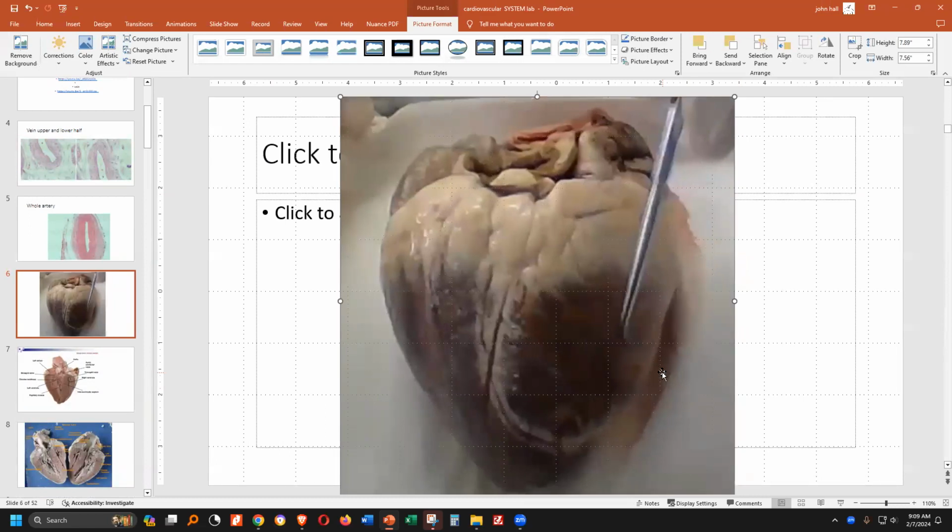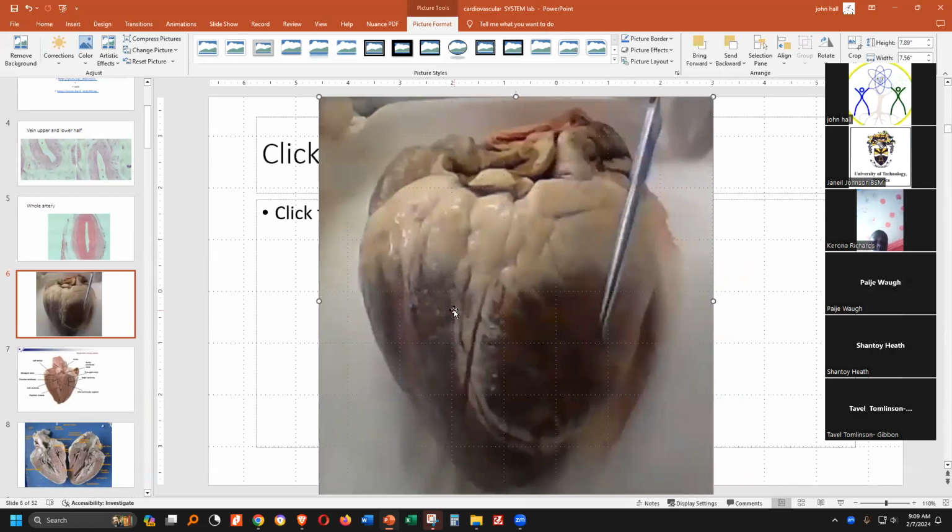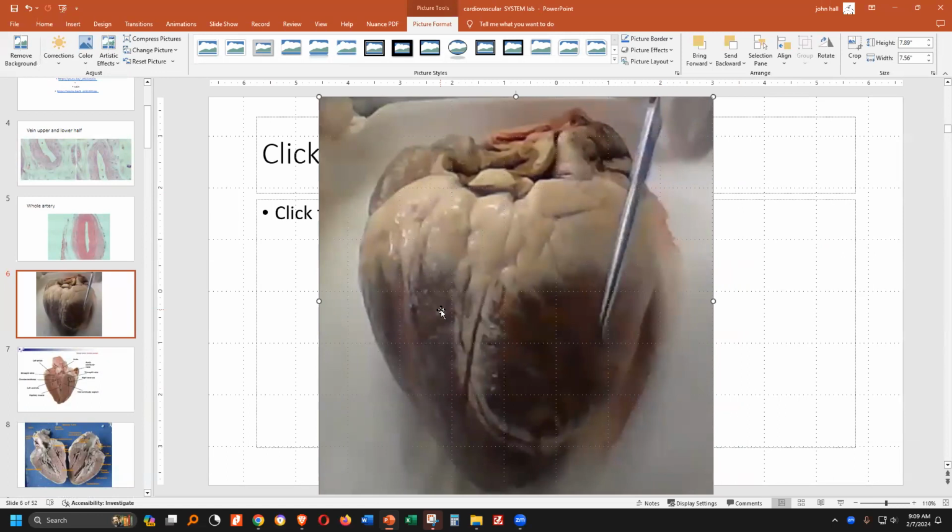All right. So here's how this goes. I'm going to point out to you the major features of this heart. Now, obviously, your heart is going to have left and right atria, left and right ventricles as well. So if you look here, this is the right ventricle.